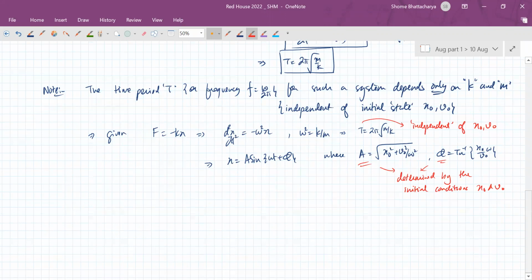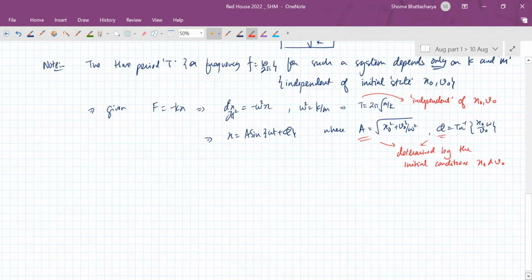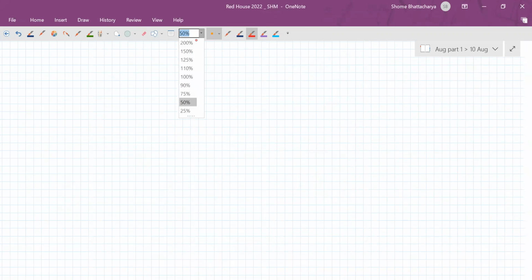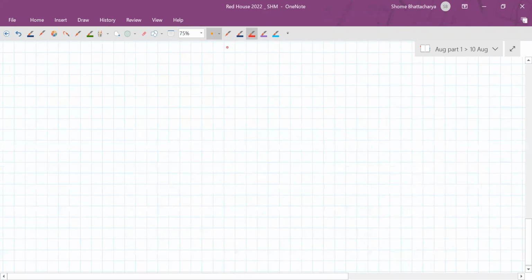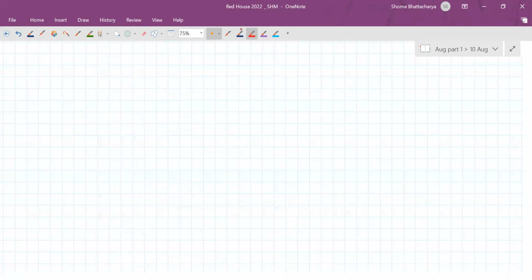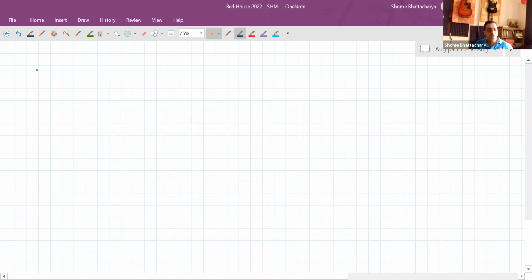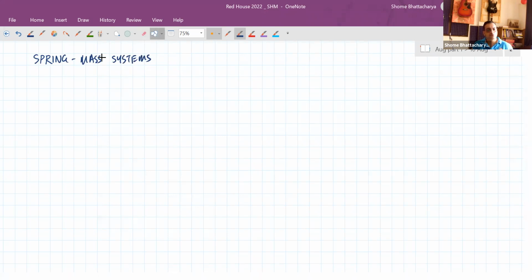Okay, so now we will apply this dynamical condition concept to the most standard and most obvious example of simple harmonic motion. The most intuitive example of a simple harmonic motion is a spring mass system on a horizontal surface which is smooth. So we move on to spring mass systems and their simple harmonic motion.